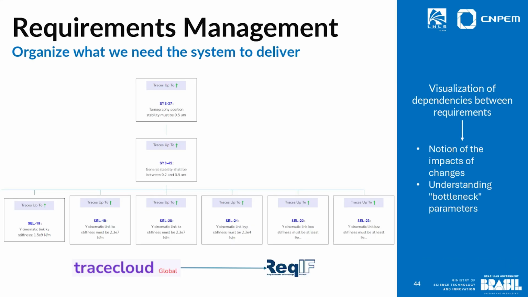And also in Trace Cloud, we get to sort our requirements from low level to top level. In our case, mostly in upper levels, we get the experiment point of view, or what we want to give the science. And on the bottom level, we get the requisites for the components.